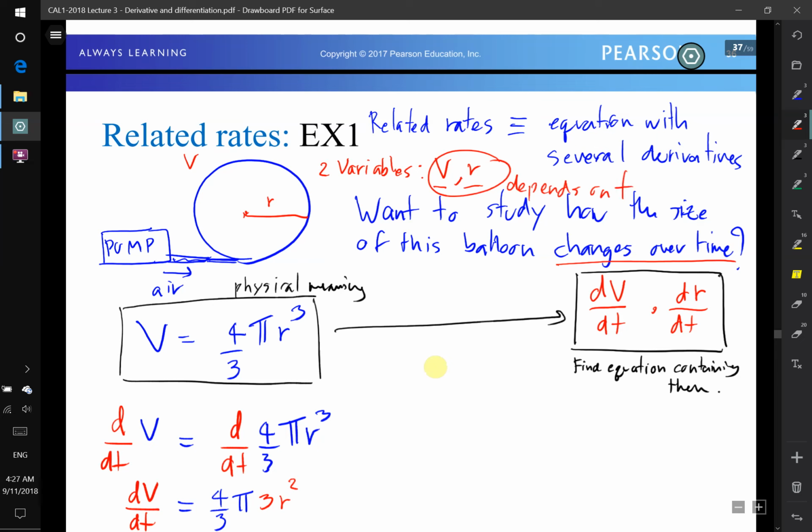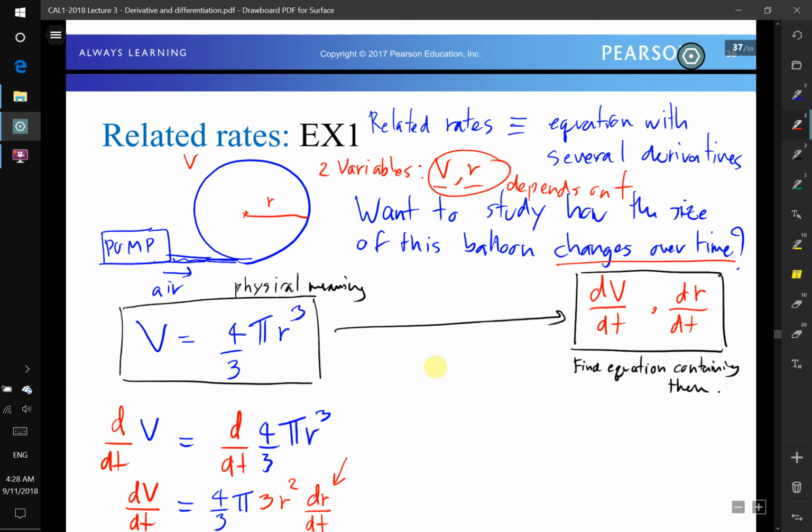So I can't stop the equation like this, so I have to apply differentiation to r as well. That's why I have dr by dt at the end. Once again, this shows up because r depends on t. You can't stop differentiating without having this dr by dt term coming out.